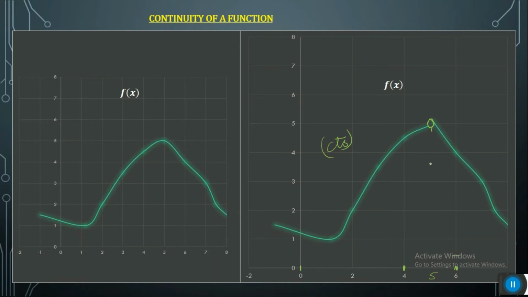As a whole, if you want to say directly, you can say this function is not continuous. It will be better if you tell in which interval it is discontinuous. So here you can say in the interval 4 to 6, the function is not continuous.